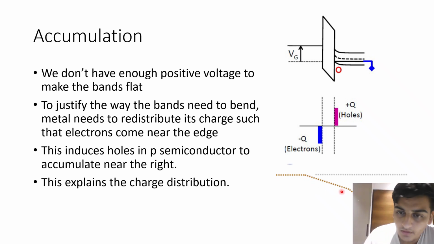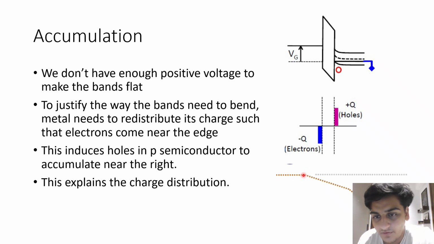So, if electron energy is reducing from left to right, let's talk about the oxide specifically. If electron energy is reducing, then for positive charge, energy or voltage, which is conventionally defined with respect to positive charge, is essentially increasing like this.